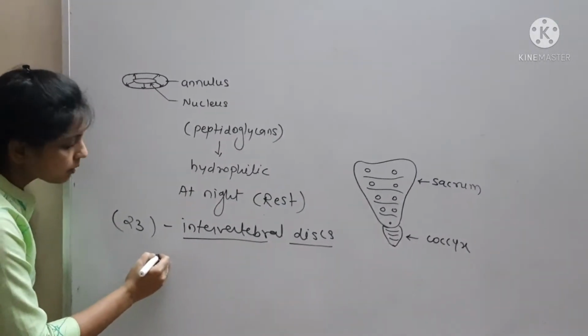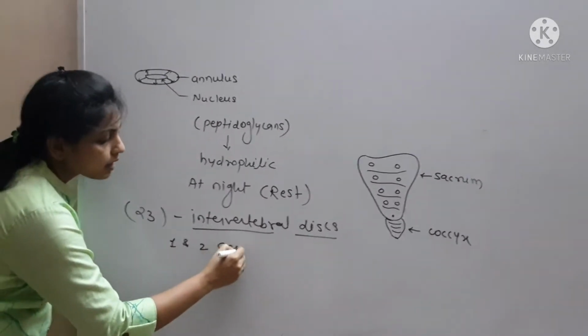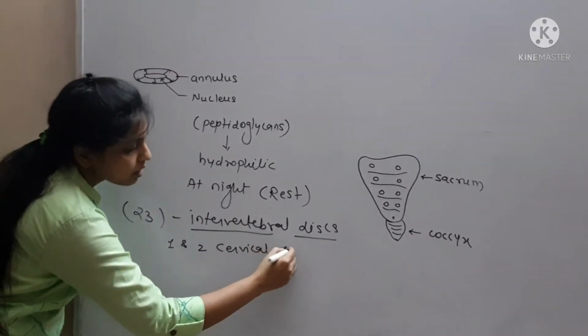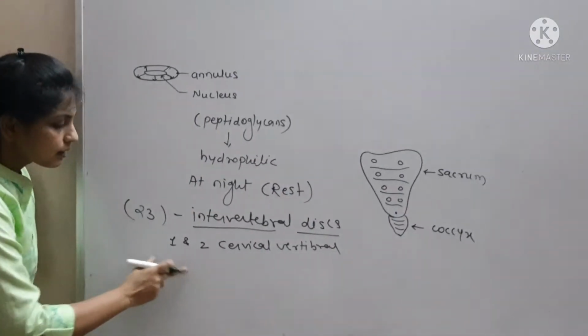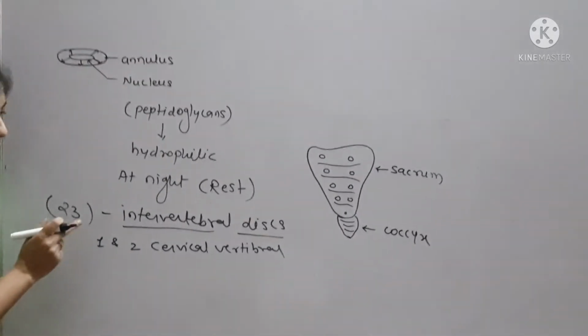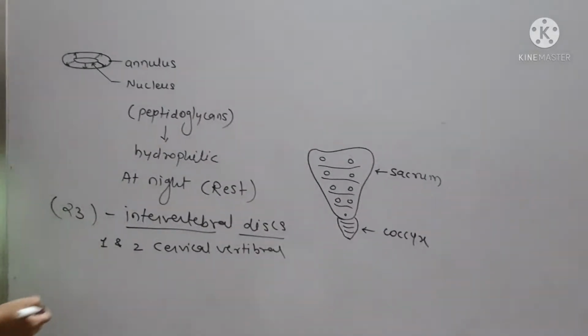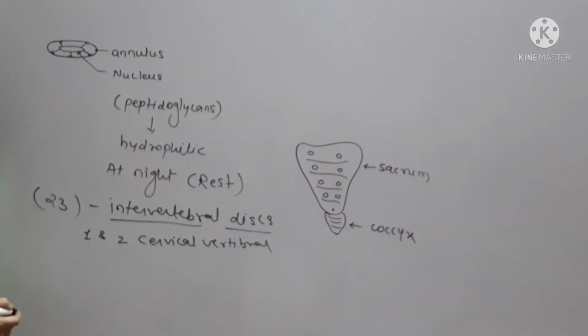There is no intervertebral disc between the first and second cervical vertebrae, that is, between the atlas and axis. The rest of the 6 cervical vertebrae have intervertebral discs in between them.